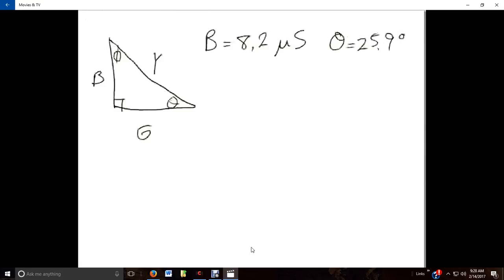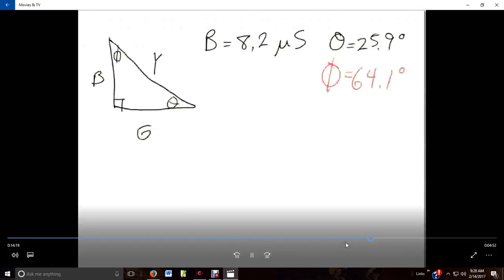We know the one angle is 90 degrees. We know theta is 25.9, so we can quickly deduce that phi is going to be 64.1 degrees, a simple subtraction of 25.9 away from 90. How do we find what Y and G are, though?